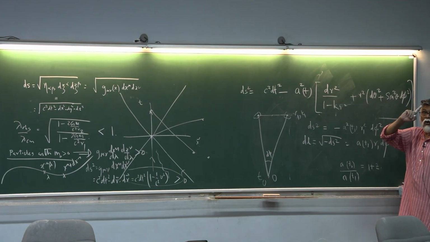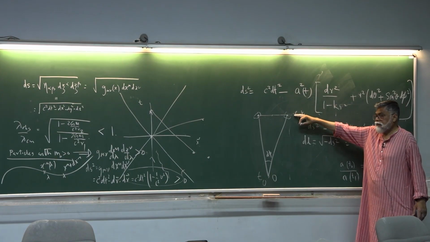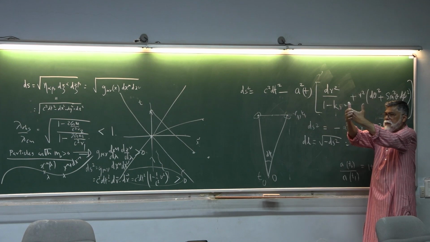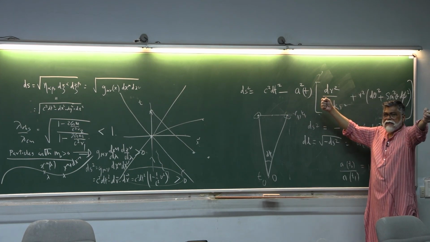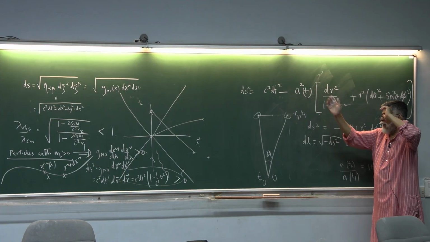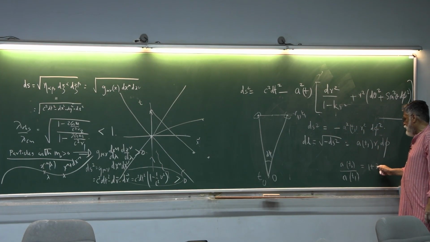So if your optical astronomer has measured the redshift, the radio galaxy is an optical galaxy from which radio jets are coming out, and from the emission lines etc. of the optical galaxy, you can measure the redshift. So if you know the redshift z, then a(t0) by a(t1) is known.